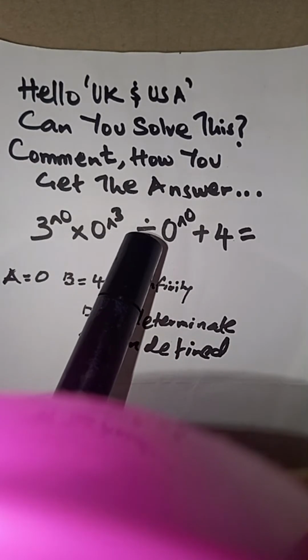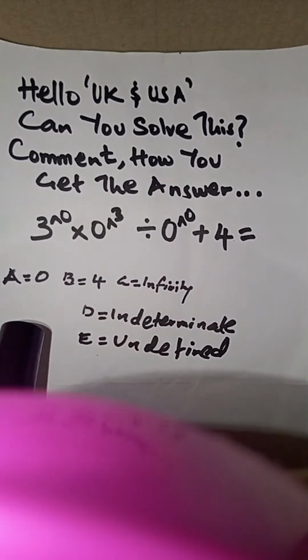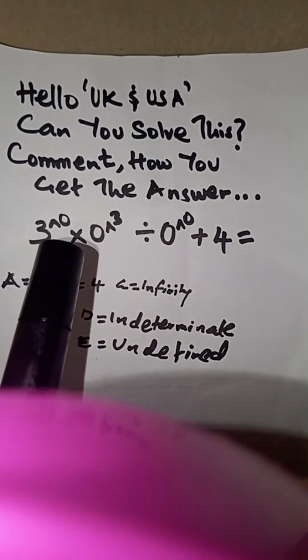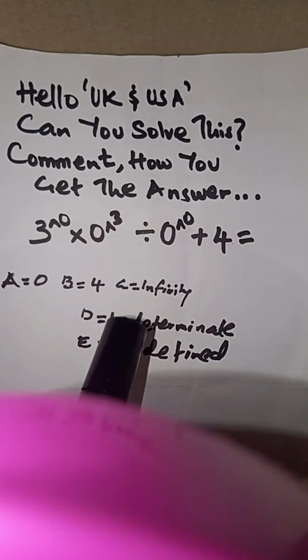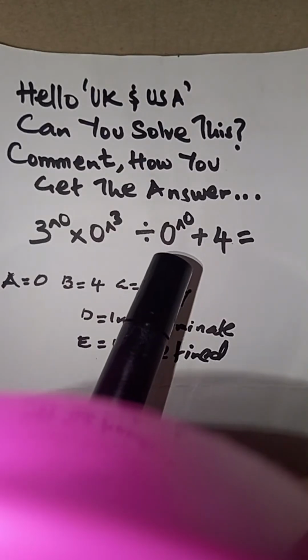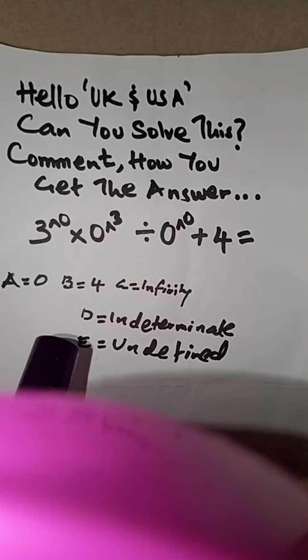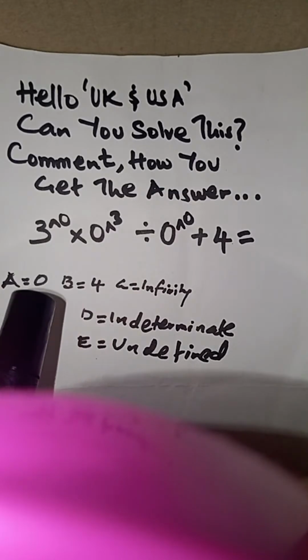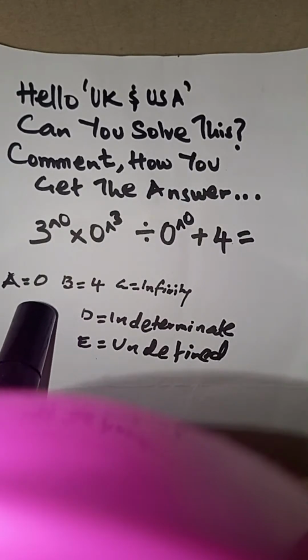Then we're going to divide 0 by 0 on the other side. So we are going to get also 0. So we end up with 0, add 4. Then Borsus is saying that our answer still remains as 4.